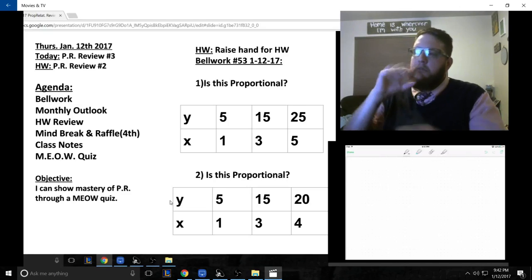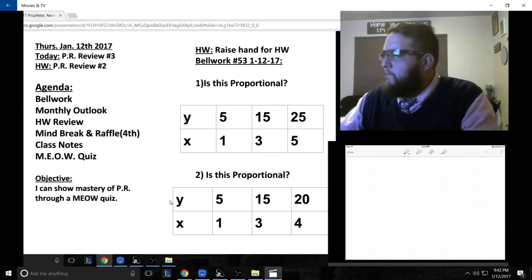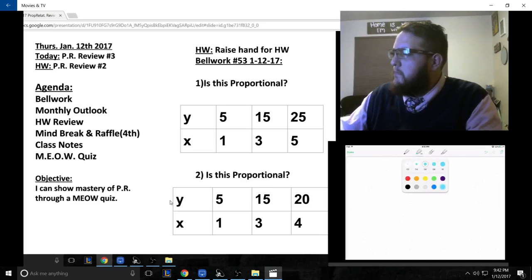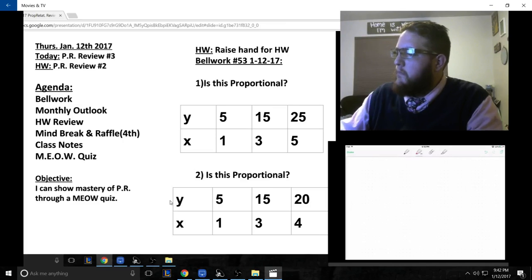Now, for the second one, we're doing pretty much the same thing. We've got a very similar table, and we are going to determine different rates of change. That way we can verify whether or not we have a constant rate of change.